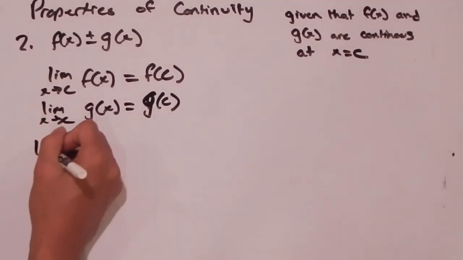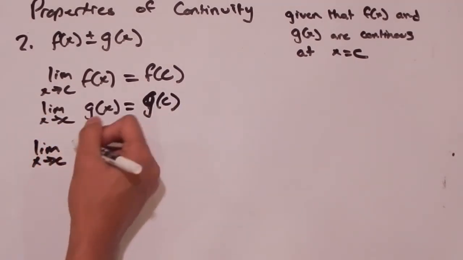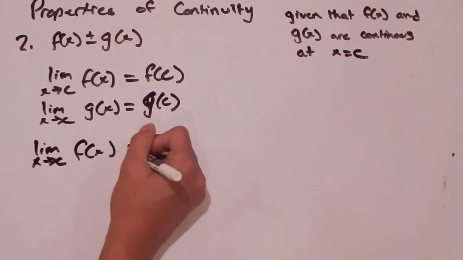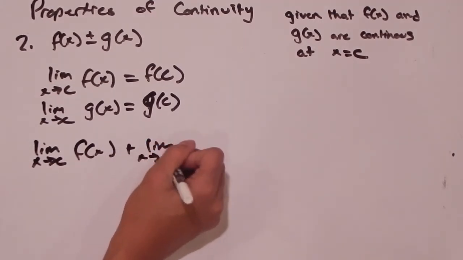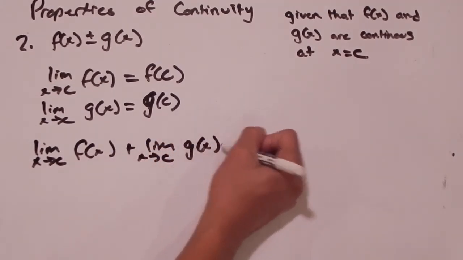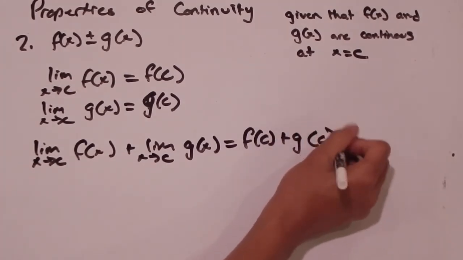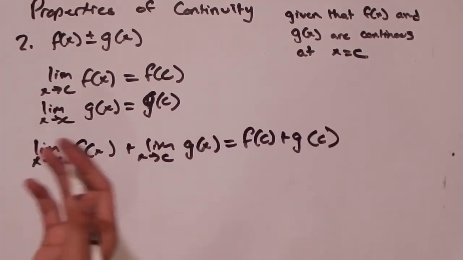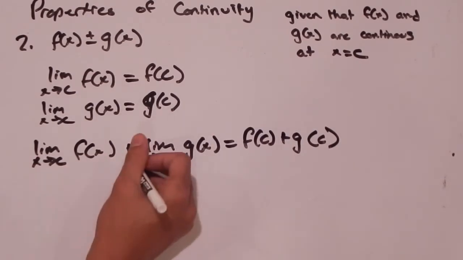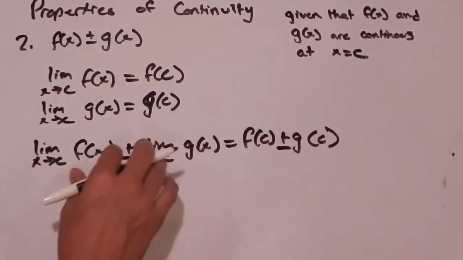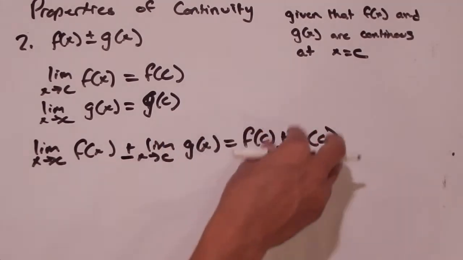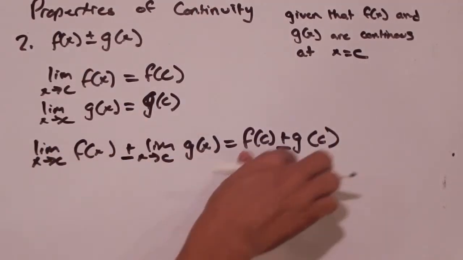Now if we just add these two together, the limit as x approaches c of f of x plus the limit as x approaches c of g of x equals f of c plus g of c. Now based on our property of adding and subtracting limits, let's throw that minus sign in there. They'll correspond with each other. If this is a plus, this will be a plus. If this is a minus, this will be a minus.